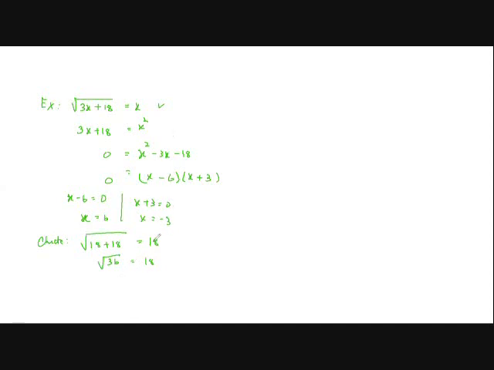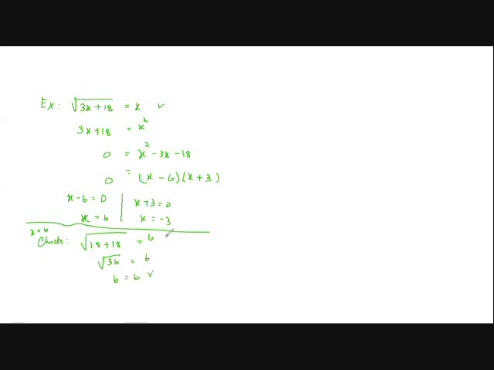Oh, sorry, this one should be the square root of 36. Because we replace 6, right? We check if our x equals 6, we check here. So you replace 6 there and 6 here. This should be 6. So this one is correct, so we have 6 equal to 6.